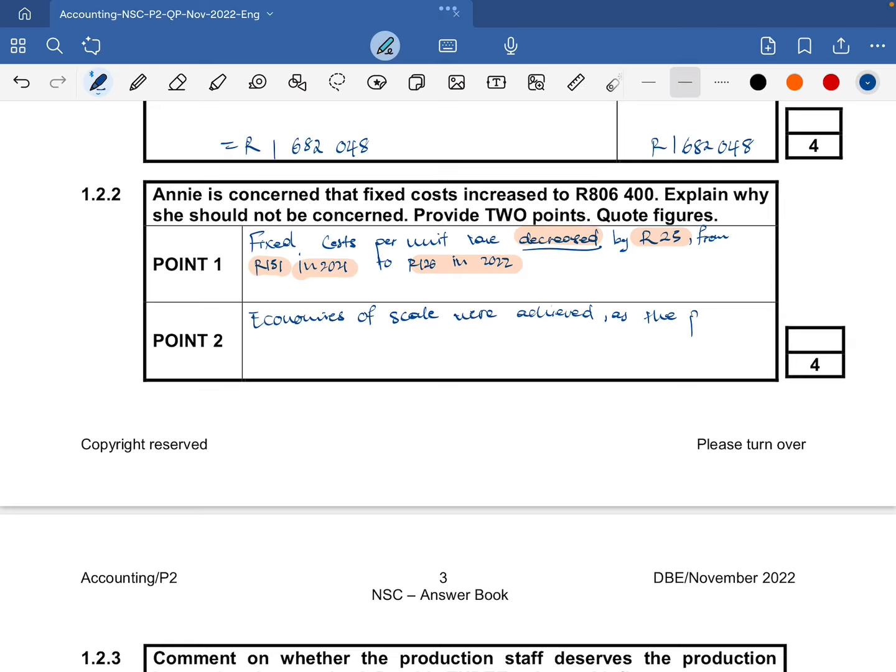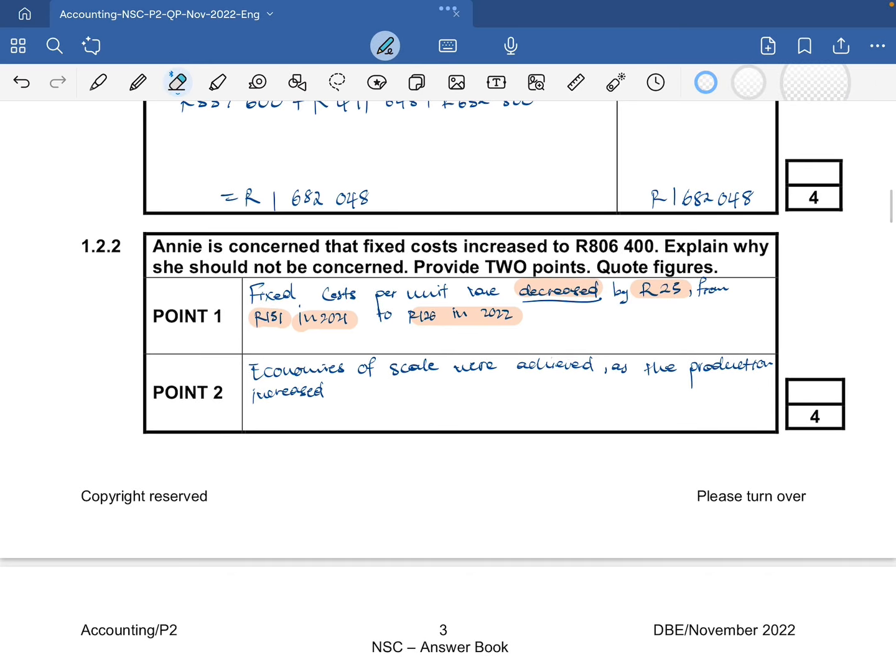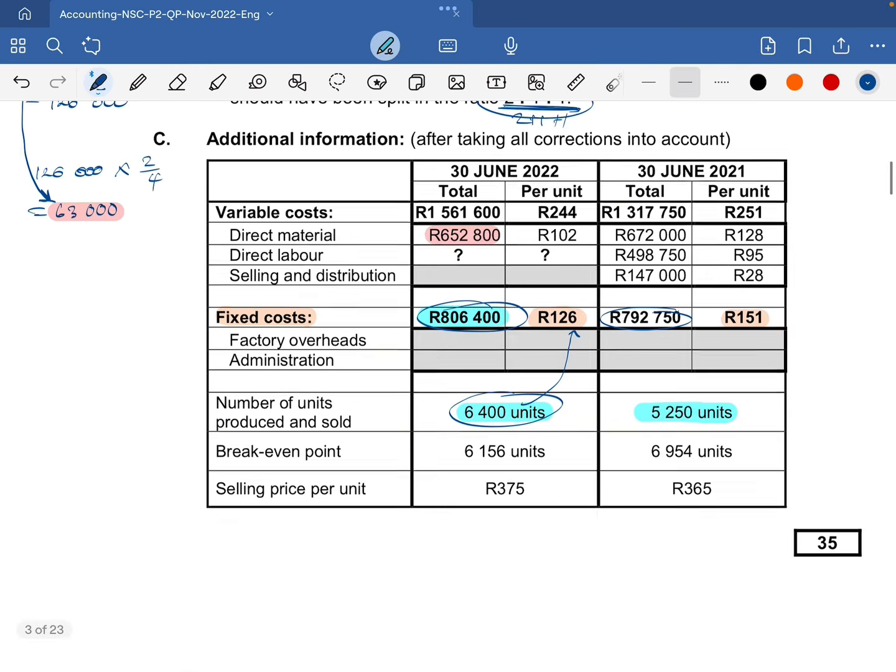Economies of scale were achieved as the production increased by, then we quickly calculate the difference.